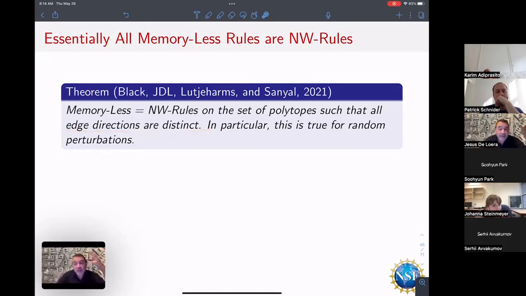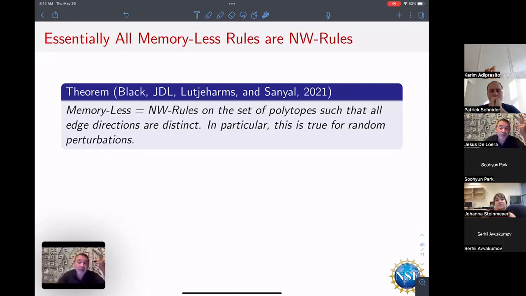There's always a perturbation of your polytope that preserves the combinatorial type and gives you this property. When the edge directions are different, the cones will not have this coincidence that we had before. So you can be consistent on all the choices with the NW rules. You can choose a weight and a normalization.